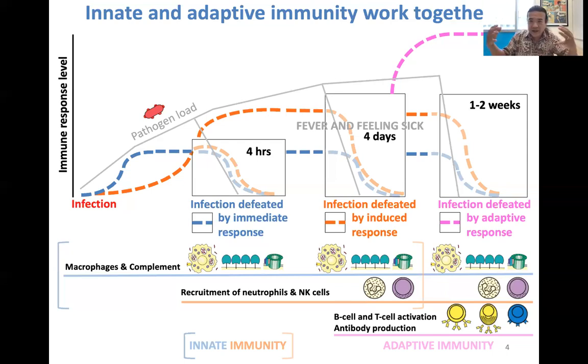They're going through your blood, they're exiting your blood into the tissue, and they're helping out natural killer cells as well. Hopefully that combination then of the recruited induced effectors working together in the background with those same immediate macrophages and complement proteins, right? Those together then, maybe after a few days, succeed, right?